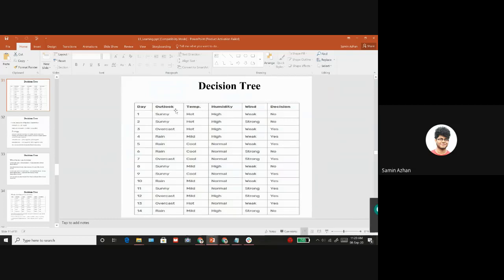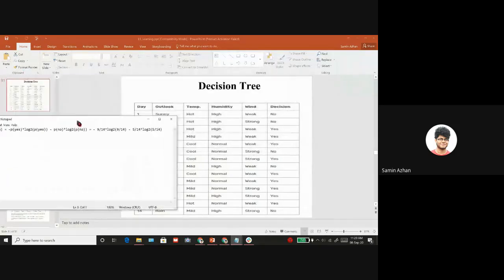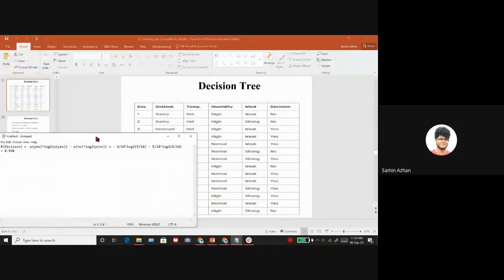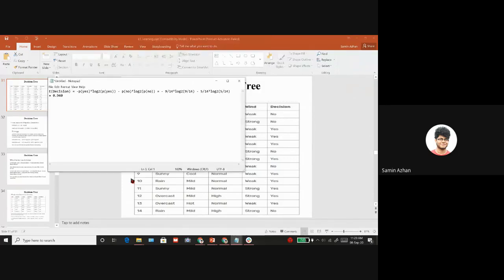So first let's look at how many possible values there are for outlook. There's sunny, there's overcast, there's rain, and that's it. So there are three possible different values for outlook: sunny, overcast, and rain. We have to calculate the entropy for each.